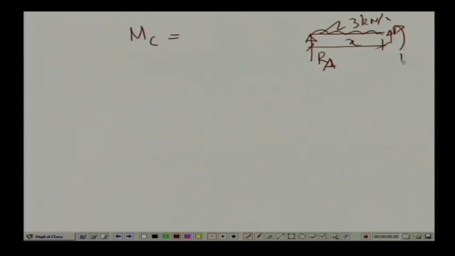So, if we call this moment M at C, the moment at C is equal to R A times x minus 3 x square by 2.